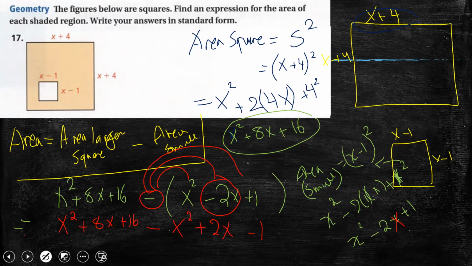Now here, if you have, like, 4 minus minus x, what do you have to do? How can you write it? 4 plus x. Why do you say plus?